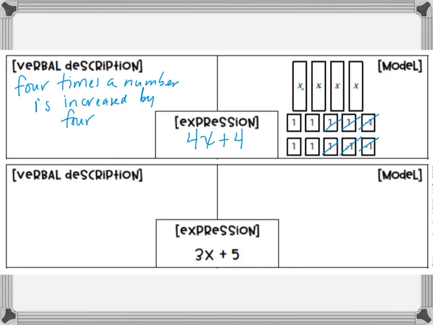So now here they give me an expression and I have to draw my model. So I'm going to make my 3 x's. I'm making them longer than the 1s because I don't know what they are worth. And then 5. So I'm going to draw 5 1s. And I need to write this in an expression somehow in words.